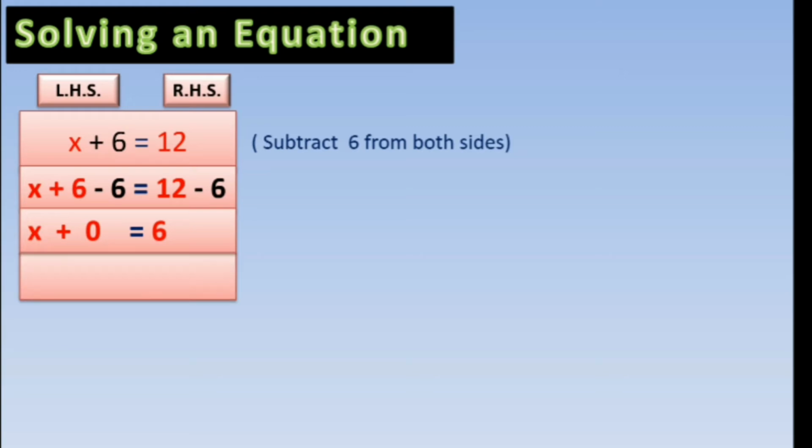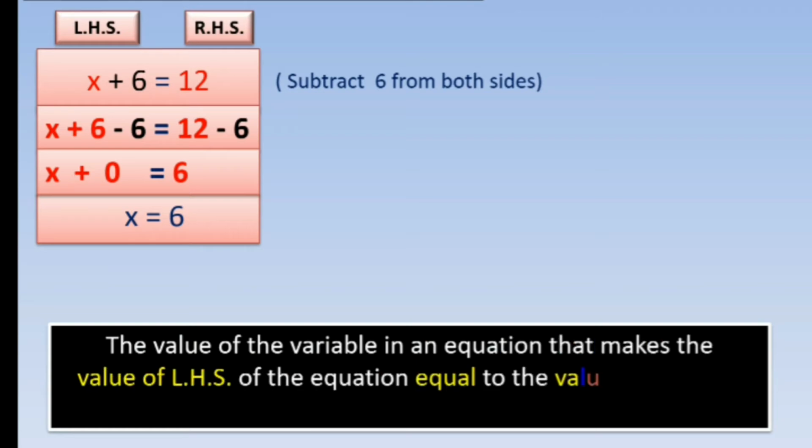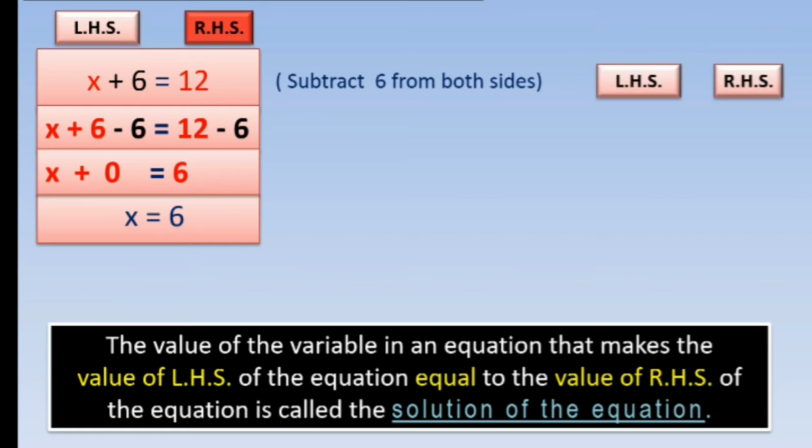This is our solution. The value of the variable in an equation that makes the value of the left hand side equal to the value of the right hand side is called the solution of the equation. After finding the value of the variable, we have to check whether our answer is correct or not. How will we do that?